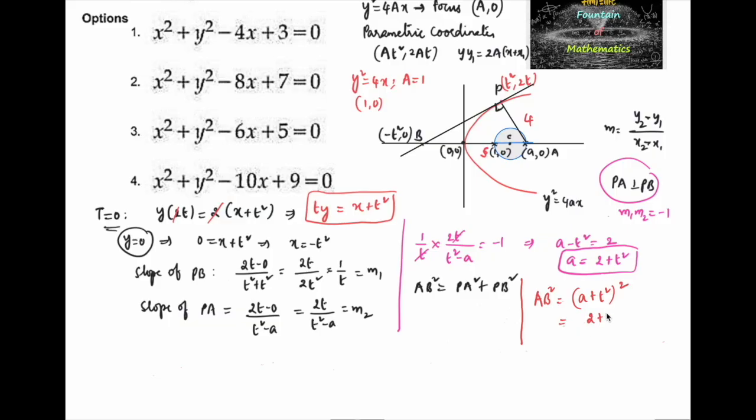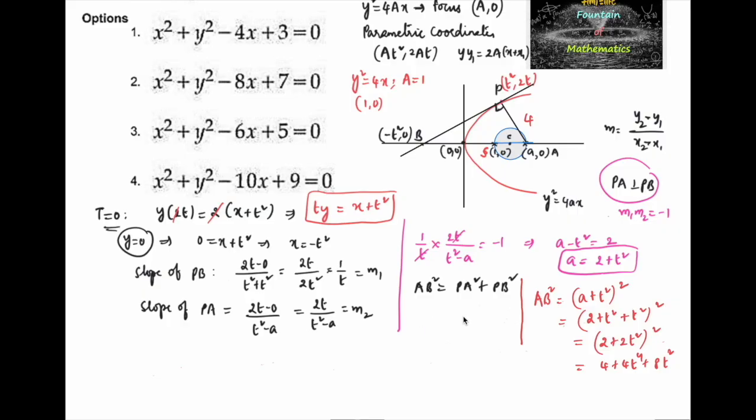So we can write 2 plus t square whole square, that is 2 plus 2t square whole square. So here we can write it as 2 2s are 4, and here 4t power 4, 2 2s are 4 2s are 8t square. This is AB square.